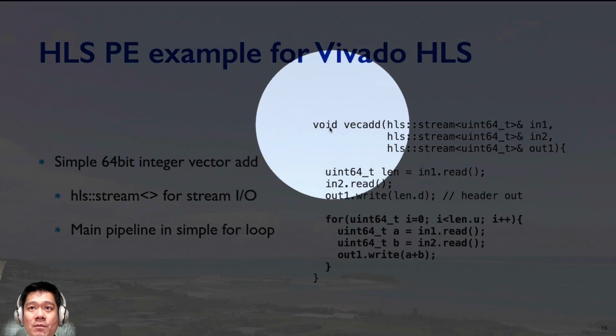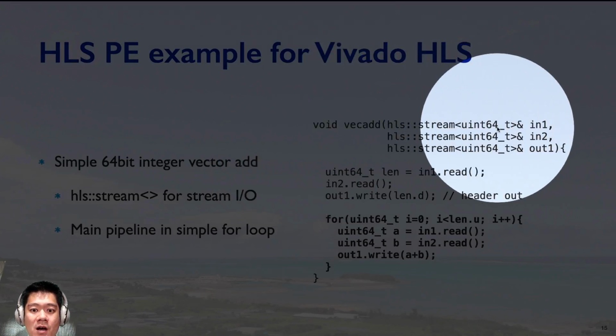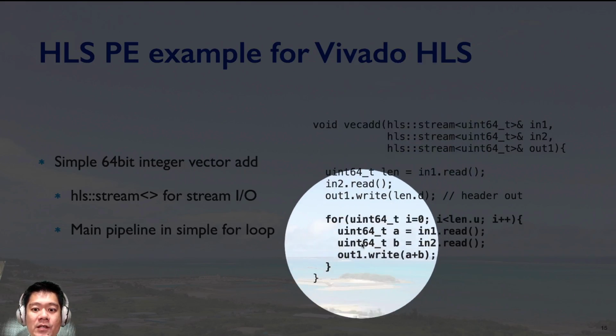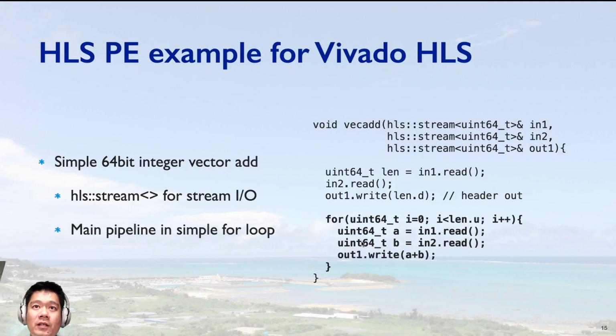Stream interface ports are described using the HLS stream class, and the main pipeline is simply written as a for loop. In Intel HLS, we can use the ihc stream in or ihc stream out class instead of the HLS stream class. They are just the same as this example.